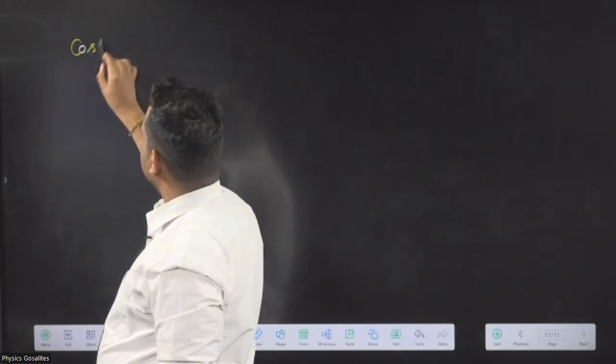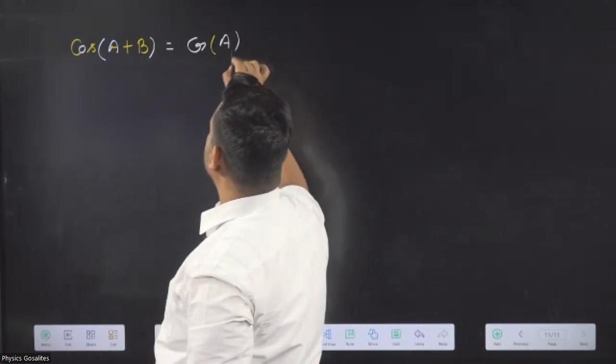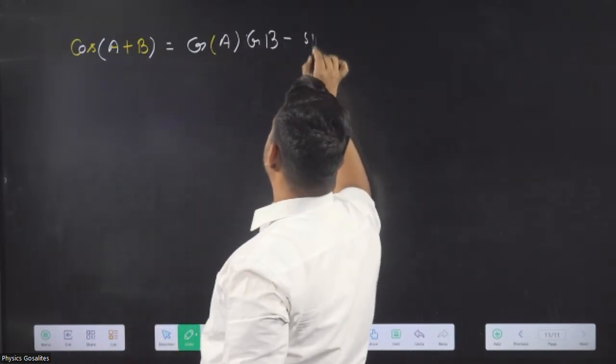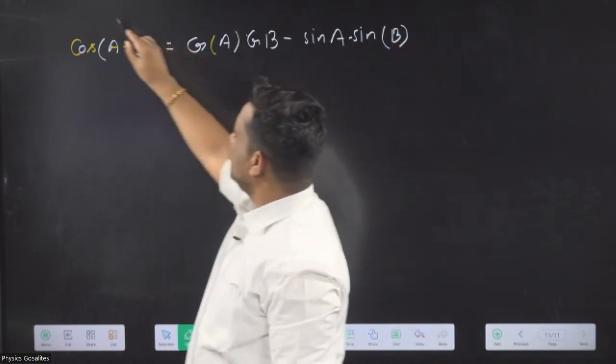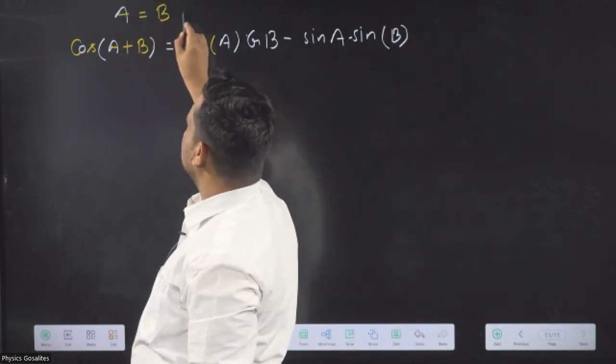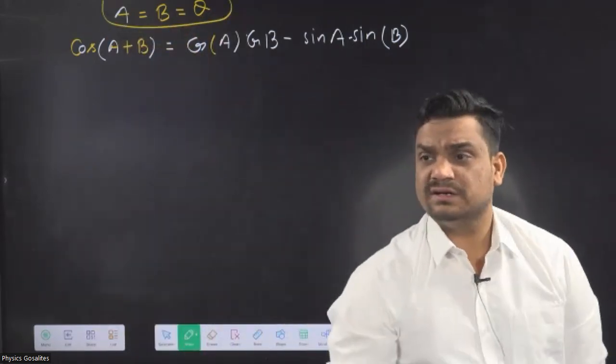If I write here cos(A plus B), then cos(A plus B) is cos A into cos B minus sine A into sine B. If I say A equal to B equal to theta, then what will be the answer? Tell me.